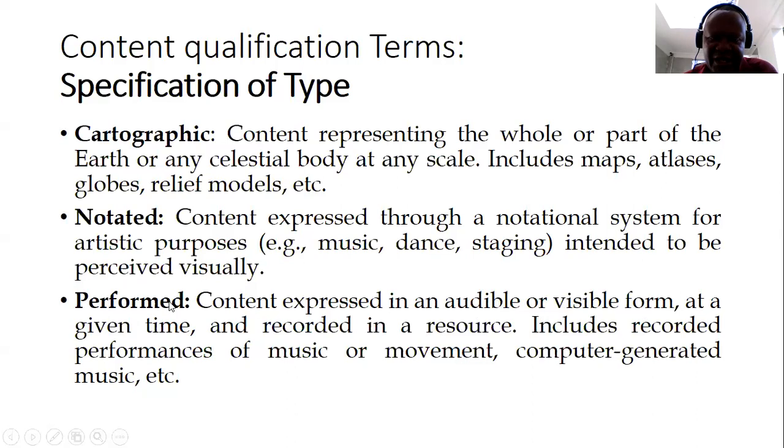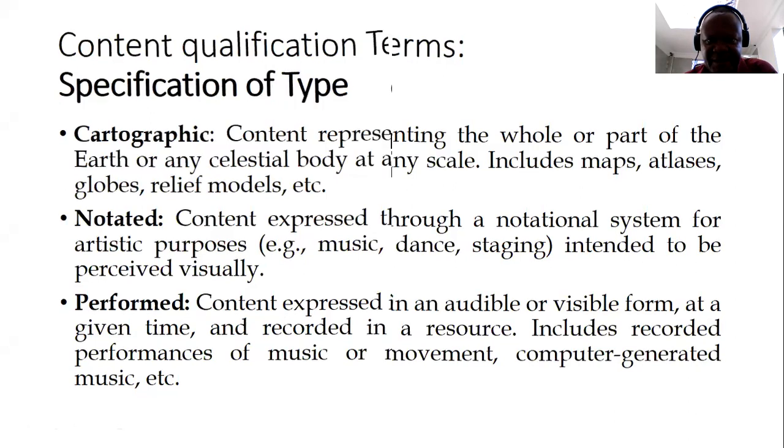For instance, if we had a film or a DVD for Shiba, and we were cataloging it, we would start with the content form term, which is music. Then in brackets, we shall put performed. I hope that has started making sense.